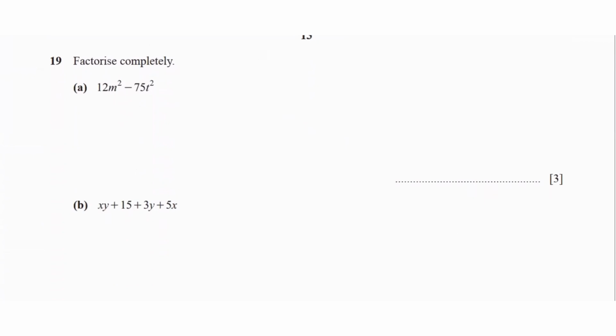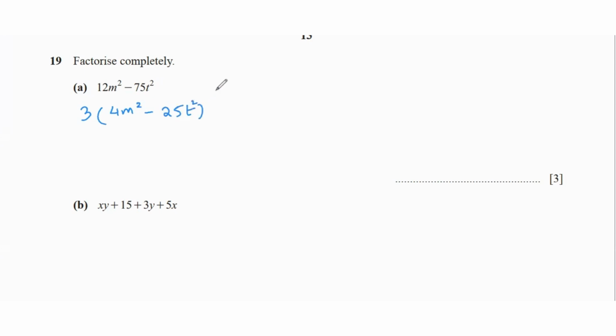Question 19 says, factorize completely 12m squared minus 75t squared. Between 12m squared and 75t squared, we have 3 common. So I take 3 common, that gives me 4m squared minus 25t squared.